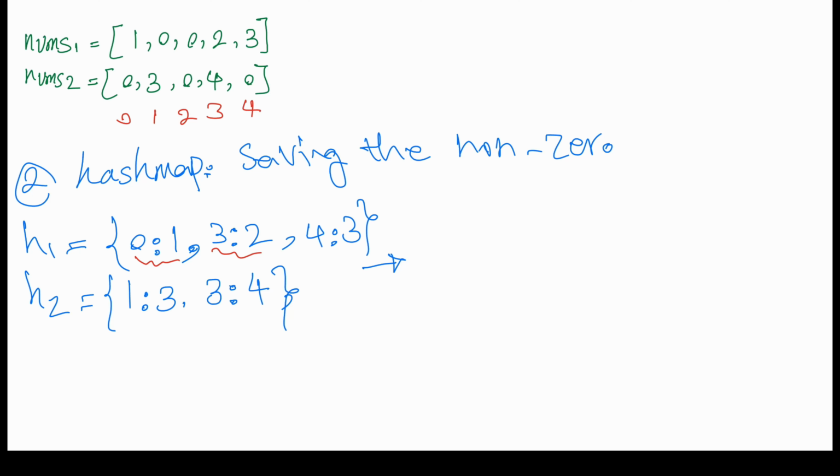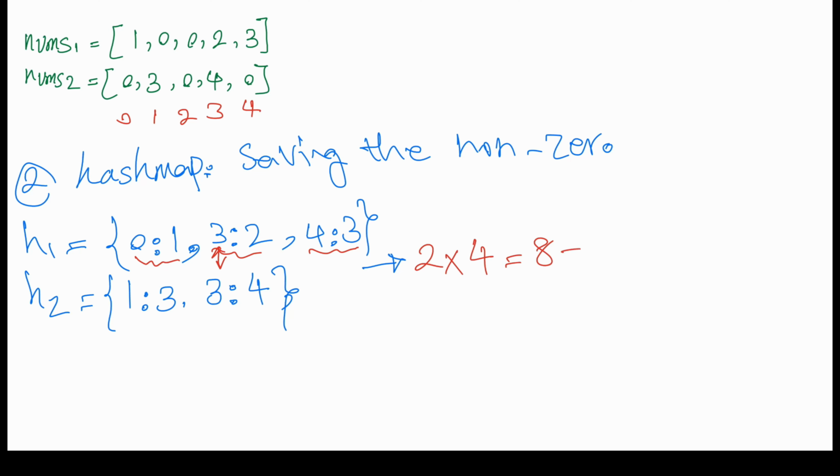We go to the next one. Do we have 3 in the second hash map? Yes, so we have 2 times 4. Then we go to the next one. Do we have index 4 in the second hash map? No, so we only have this index, and the result is 8.